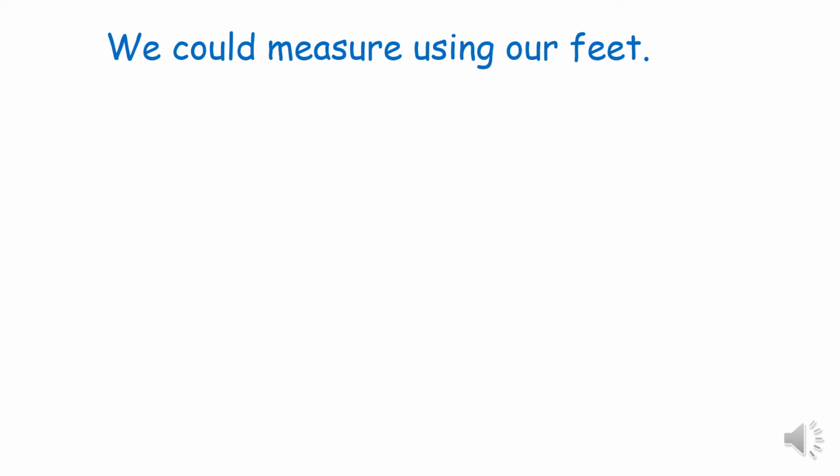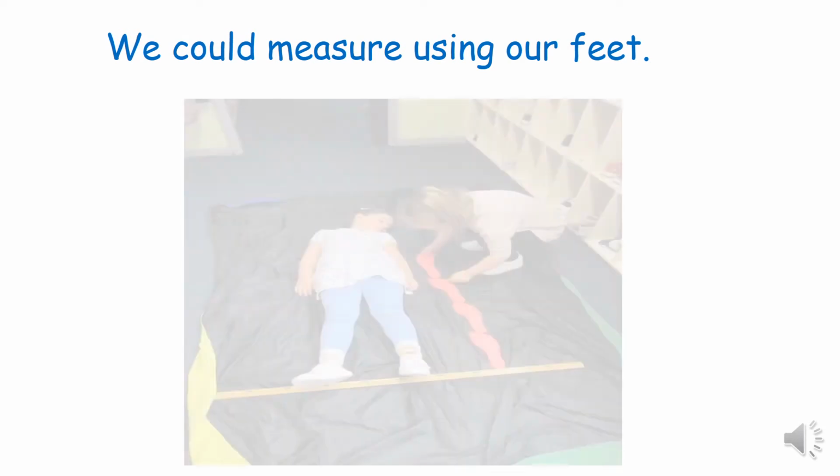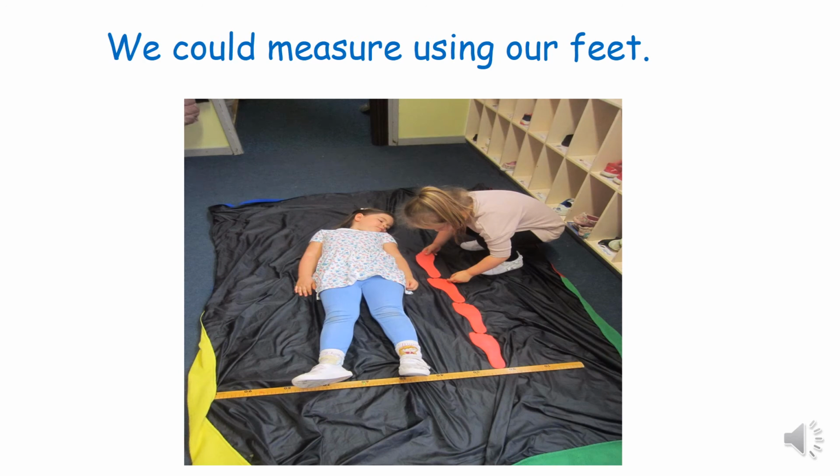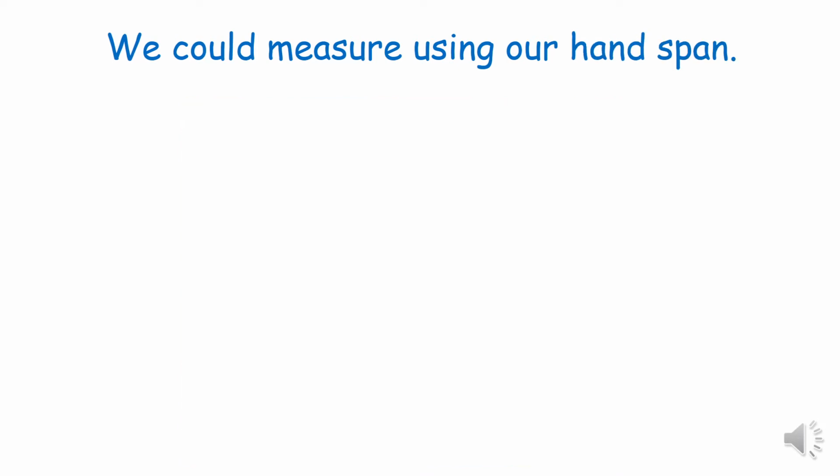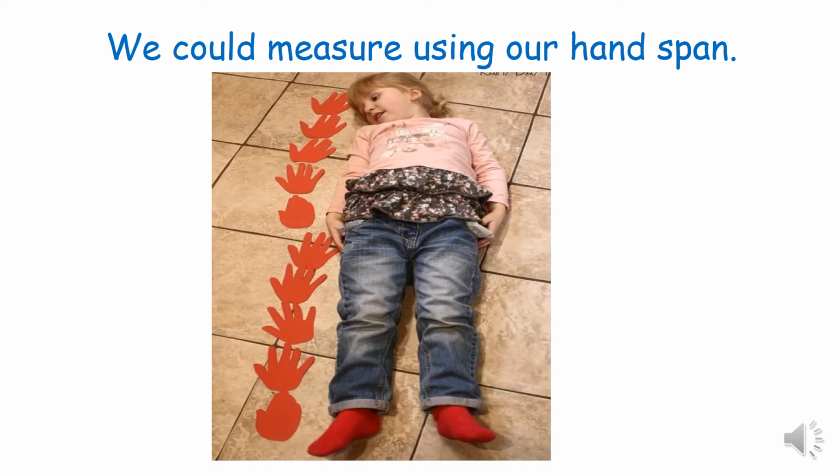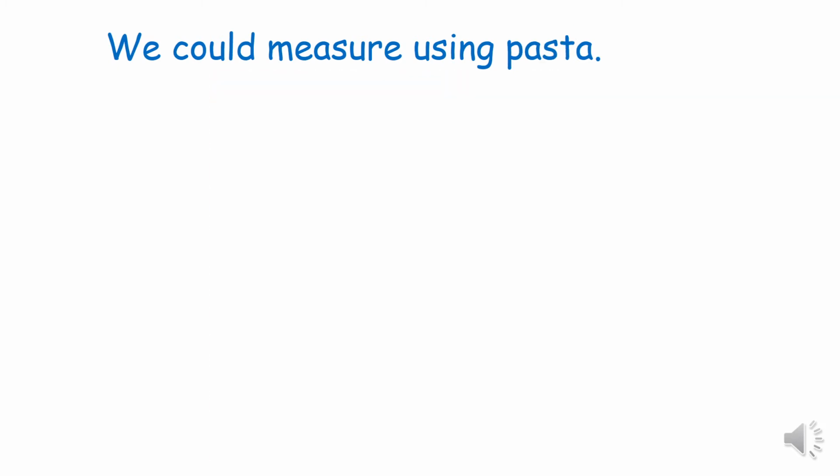We could measure using our feet. So here a girl is measuring the length of her friend using feet. We could measure using our hand span, so very similar to using our feet, but we could use our hands instead. We could measure using pasta, so pieces of pasta.